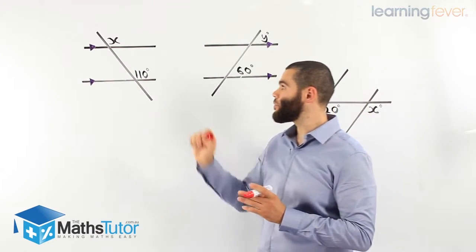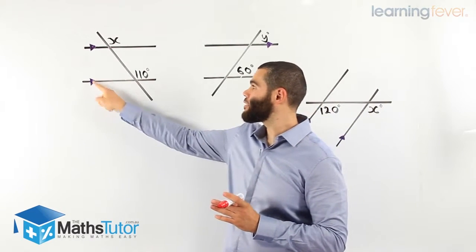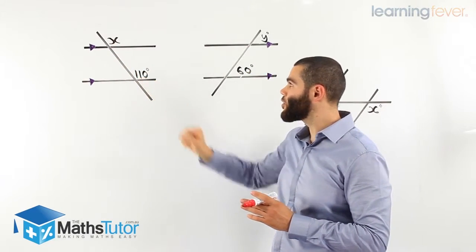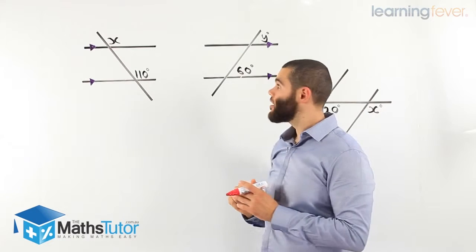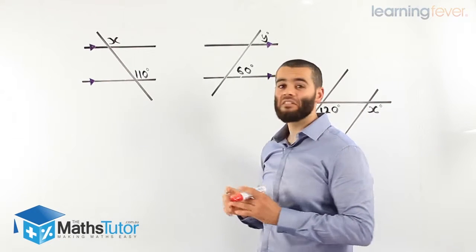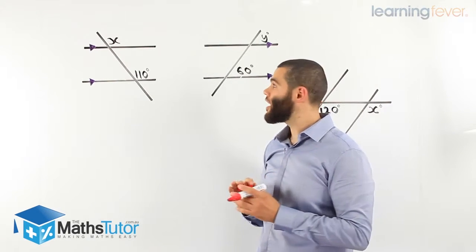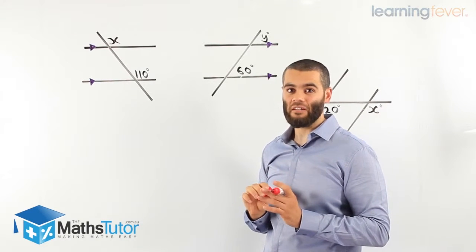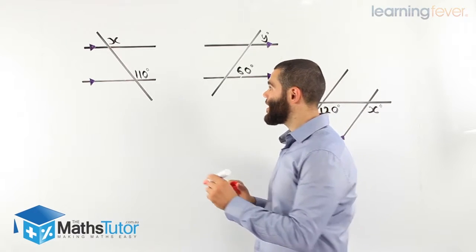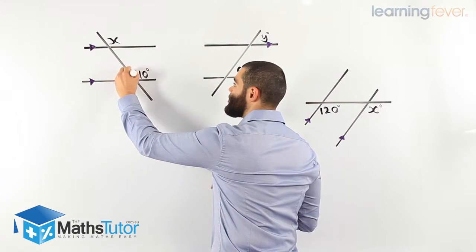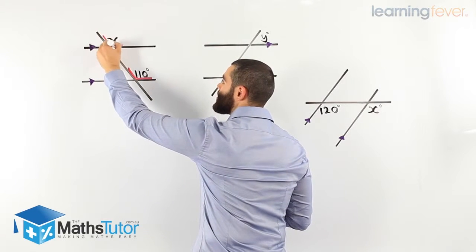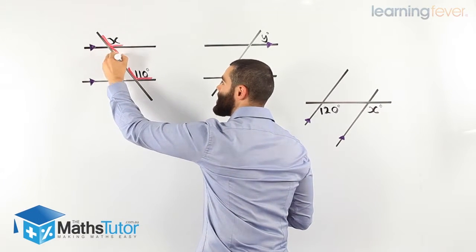Now, looking at the example here, we have parallel lines marked with the arrows, and we have our transversal cutting through, creating all these different angles. And this example is saying that X is missing. So to work out X, we need to know what rule we can use. We look carefully and we use the highlight concept. We highlight this angle and we highlight that angle and we join them together.